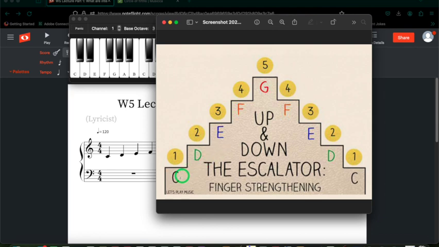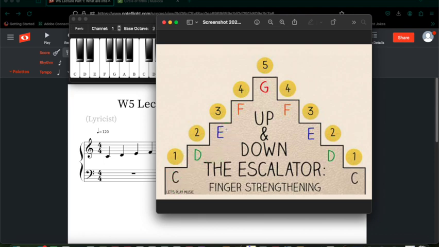Think of each note of a scale as like a step on a staircase, with scale degree 1 being step 1, scale degree 2 being step 2, etc. Think of then intervals as the distance between any two of these steps. So for instance, C to D, step 1 to step 2, or C to E, step 1 to step 3.